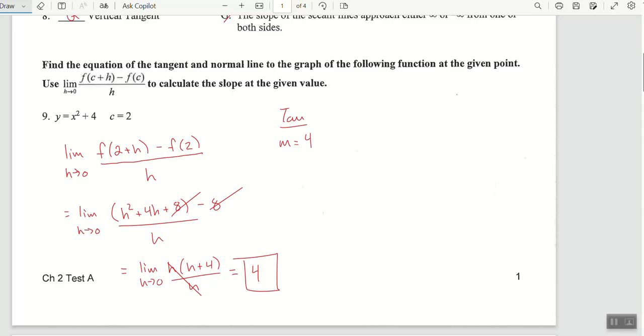What else do you need to write the equation of a line, though? It could be the y-intercept. I don't know it, unfortunately. We need at least a point. If it's a y-intercept, that's awesome because I'm just going to use mx plus b. But if it's not, that's also awesome because we can make it work. I know this runs through the point (2, 4), because when I plug in a 2, it spits out a 4.